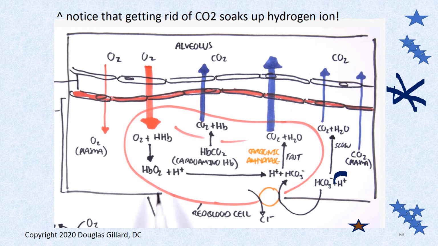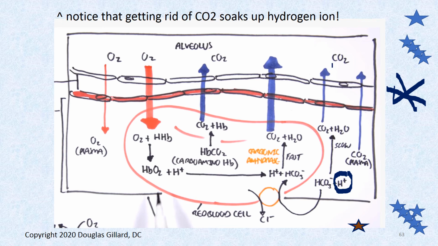This is what we don't want, right? But you can combine it to make CO2, hydrogen. If you add a hydrogen ion to bicarbonate, you get carbonic acid, right? And carbonic acid can be metabolized or broken into CO2 and H2O. So you make carbonic acid, break that down into CO2, H2O.